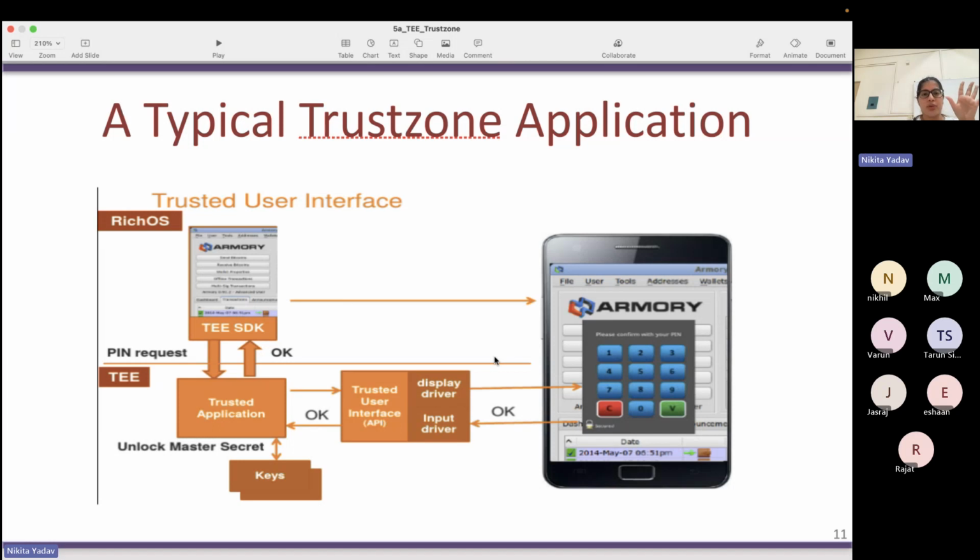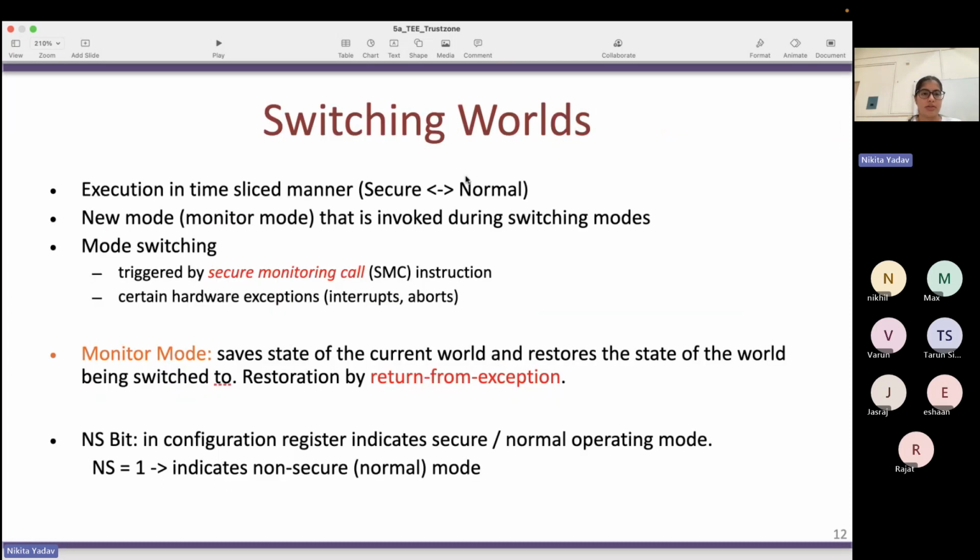So note that at a time the processor can be either in the normal world or in the secure world, but not both. So this is switching worlds, and to switch from one world to the other is actually enabled by the monitor.